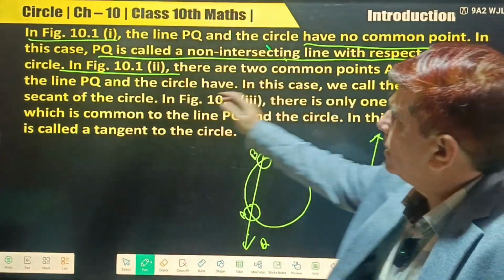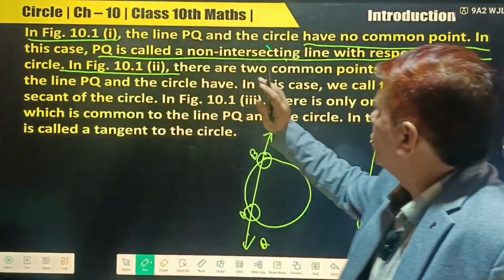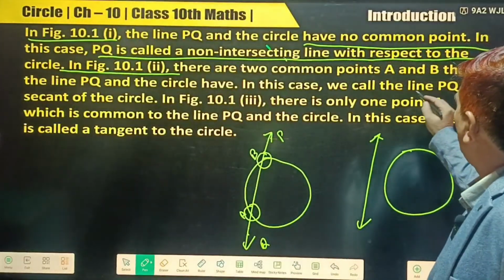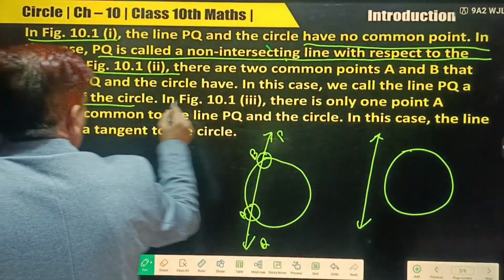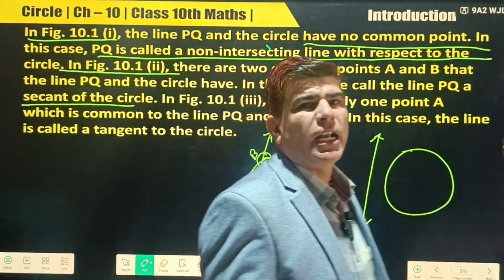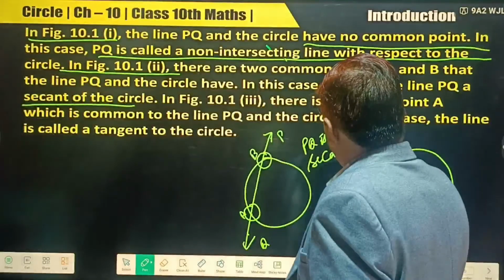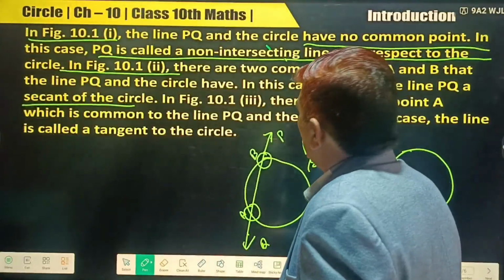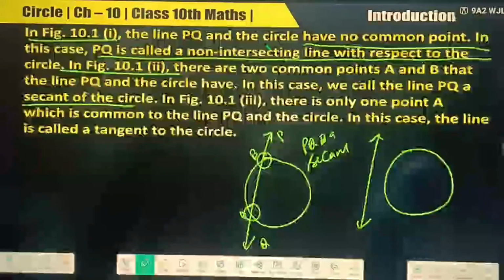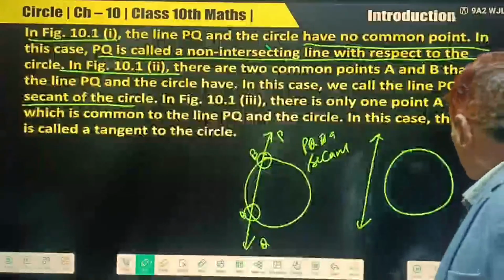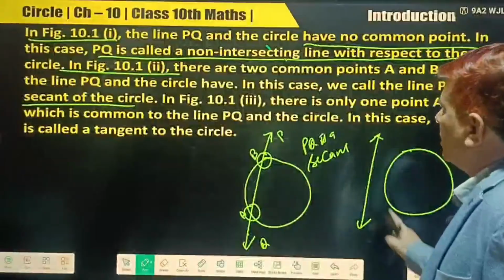A and B, that the line PQ and the circle have. In this case, we call PQ a secant of the circle, as I already told you. PQ is the secant of the circle. Understood?